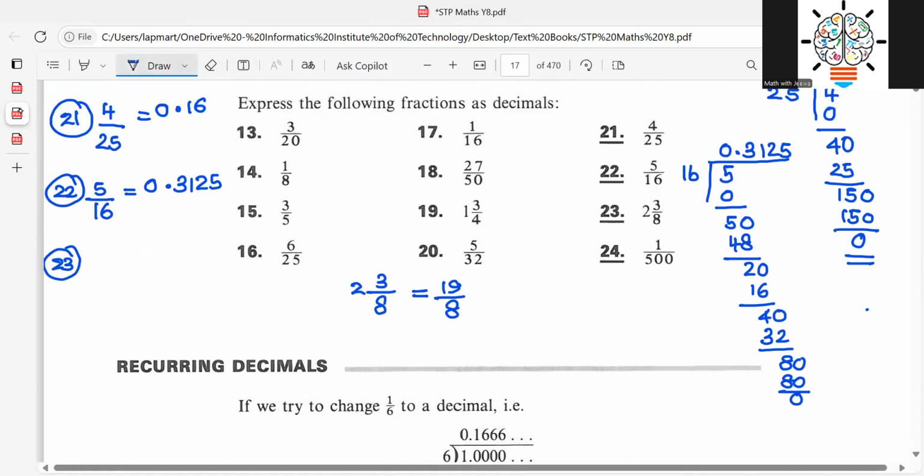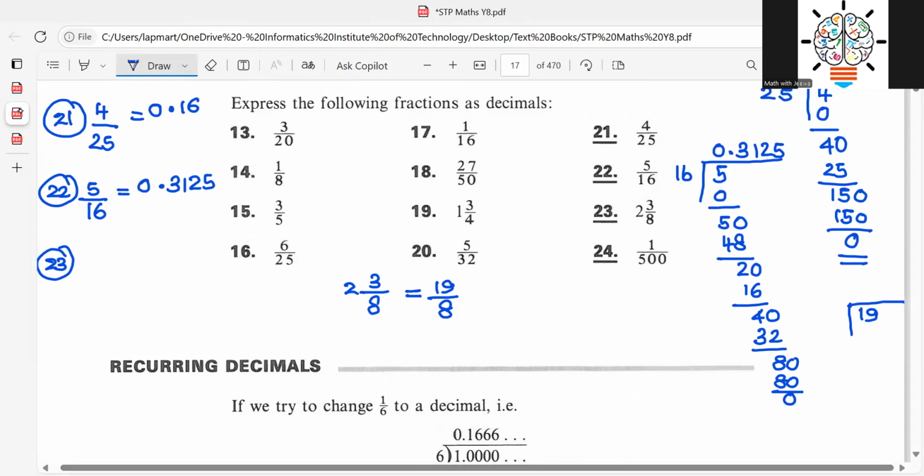So then I continue it like this, 19 by 8. 8 times 2, 16. For 30, 8 times 3, 24. For 60, 8 times 7, 56. So then for 40, 8 times 5. I don't have enough space to show your workings.